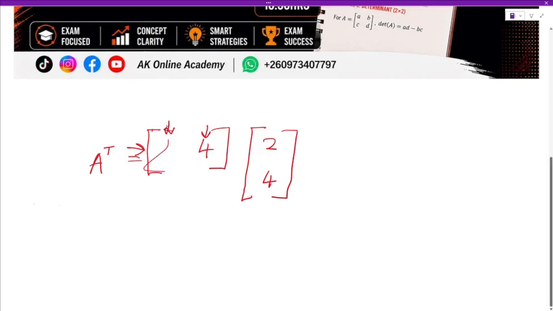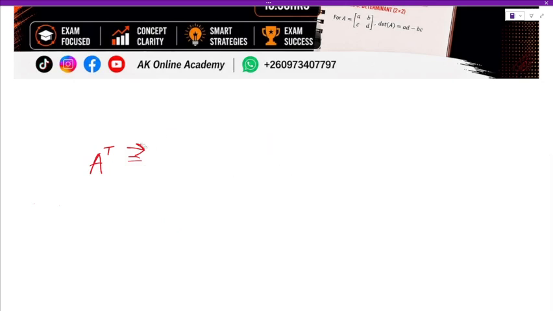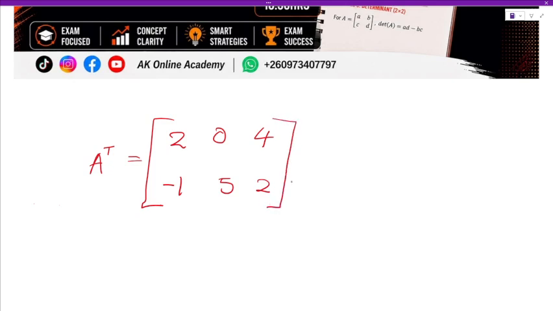I think this is the simplest question, and many people actually get this one right. Okay, let's say you have a 2 by 3. So you have 2, 0, 4, -1, 5, 2. To find the transpose of this one, you're simply going to swap them around.